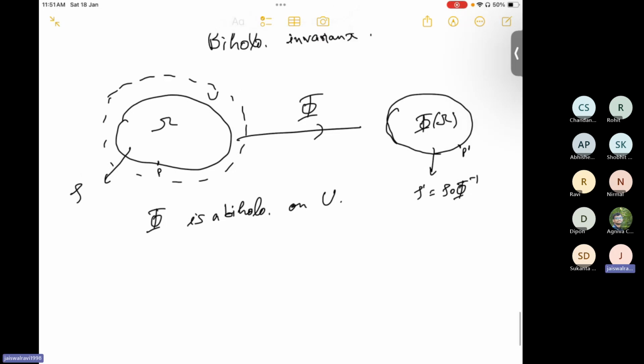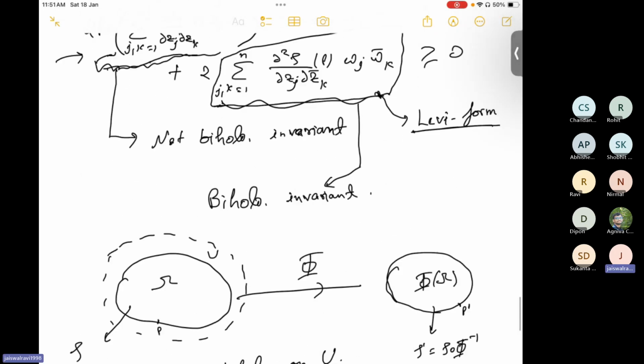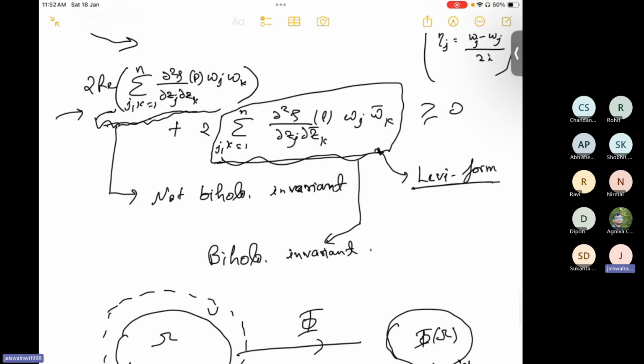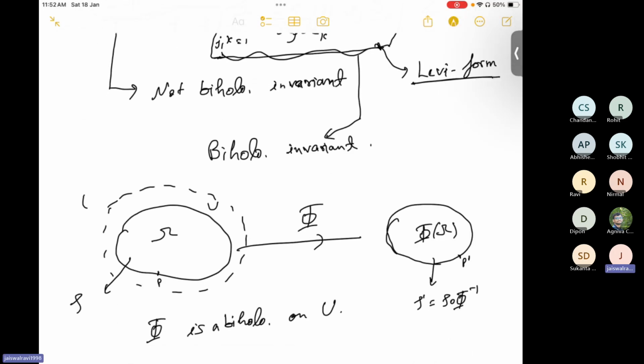Now we have to show that we have two expressions. Say this is 1 and say this is 2. We'll see what happens after this biholomorphism. Say it has coordinates z1 to zn and it has coordinates z1 prime to zn prime.